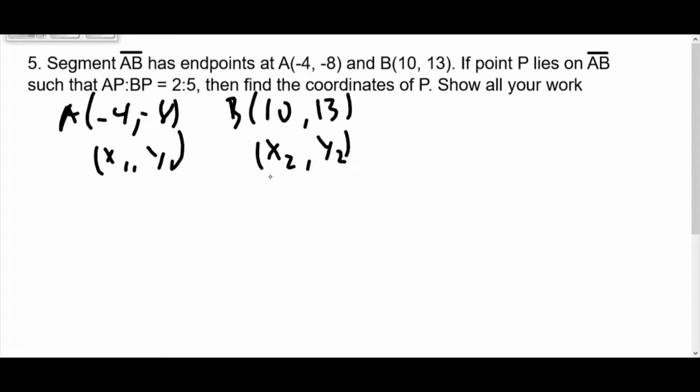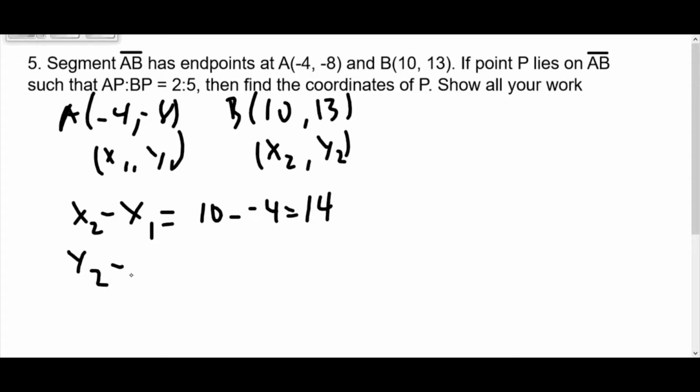We're going to do x first. x2 minus x1 is equal to 10 minus -4, so a total change of 14. And y2 minus y1 is 13 minus -8, a total change of 21.